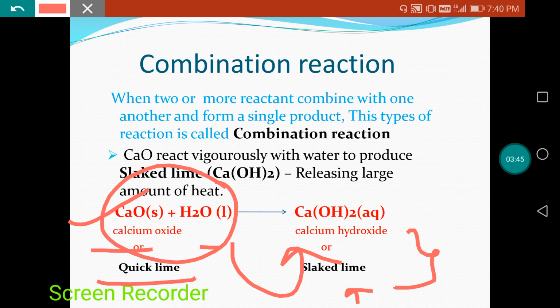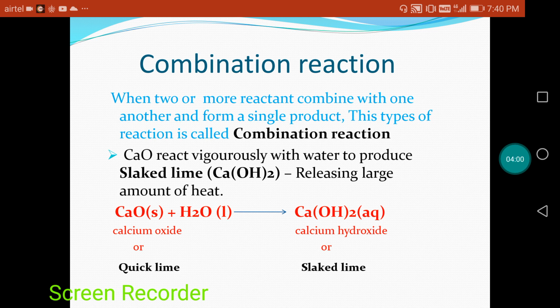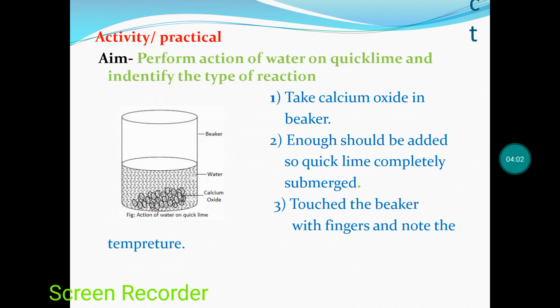So, when quicklime and water react and form calcium hydroxide, a single product, this type of reaction is called a combination reaction. Clear?